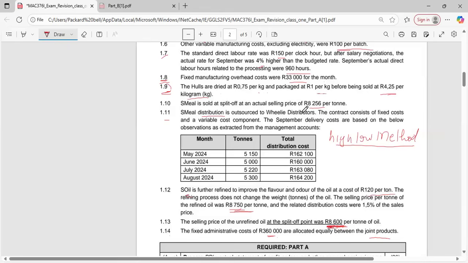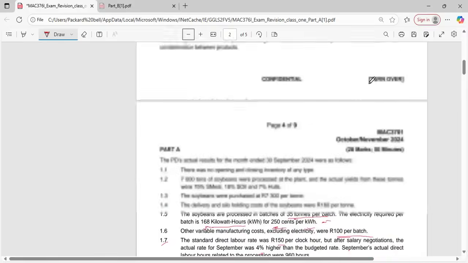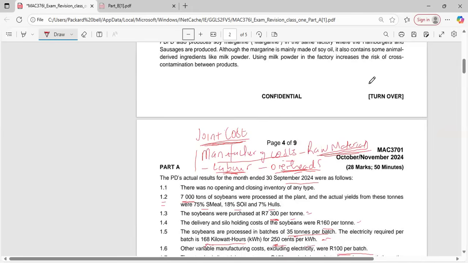Right? So it's going to be 4.25. How many kilograms are there for this? You come here at the split off point. At the split off point from this 7,000 ton, the hull is 7%. So that's the quantity of the hull that was produced here, 7% of here.